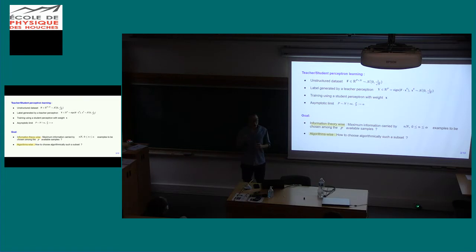This gives us an upper bound on the amount of information which you can preserve by only using a fraction of that data set. And once you have that bound, the next most logical question is, can I design an algorithm that will tell me a smart way to carry out that selection, so that I'm close to that optimum amount of information?